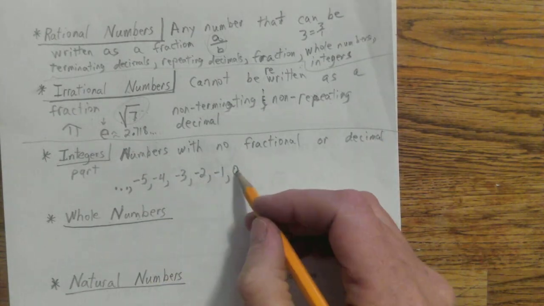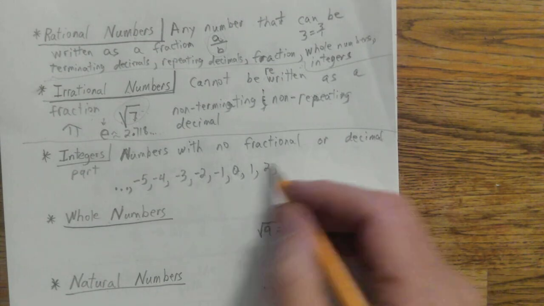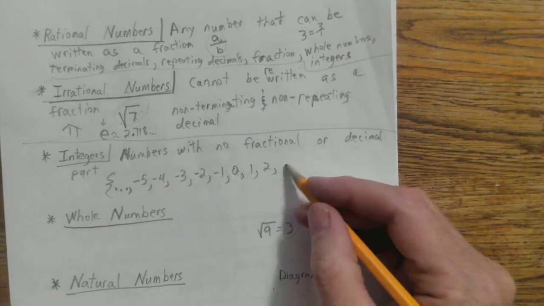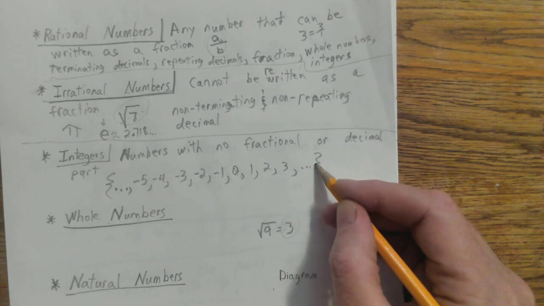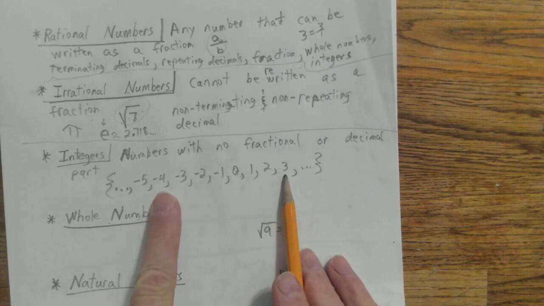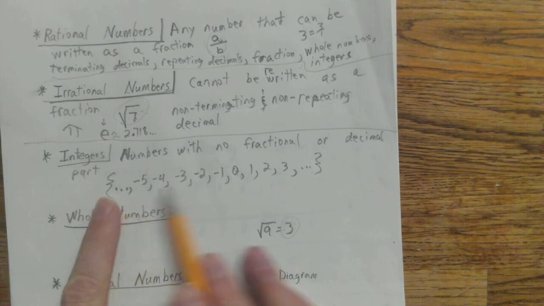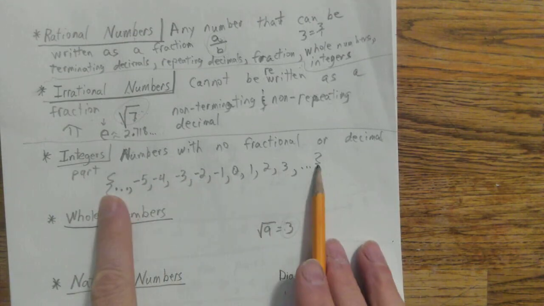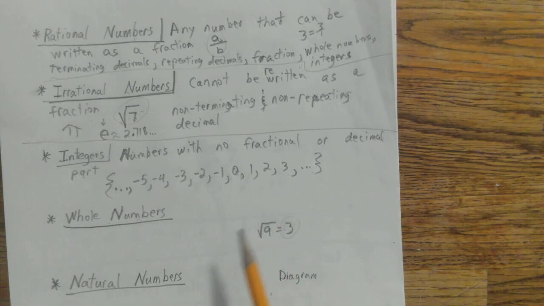So they can be negative, 0, or positive. These, and I'm going to put the brackets here, and so on, with the 3 dots here and the 3 dots here, are a way of describing that we keep going in both directions for the integers.